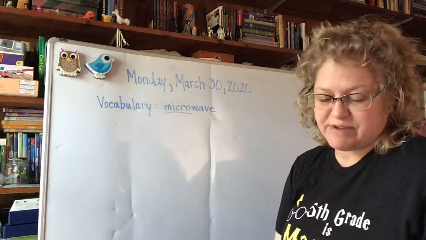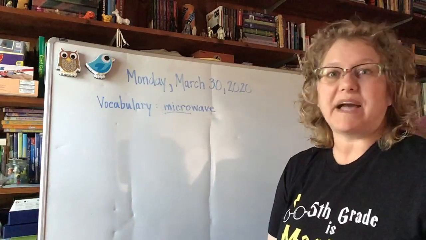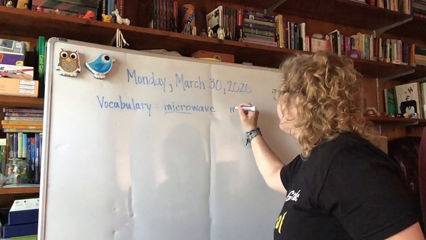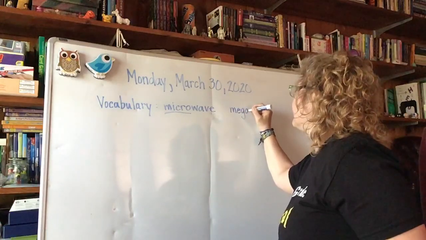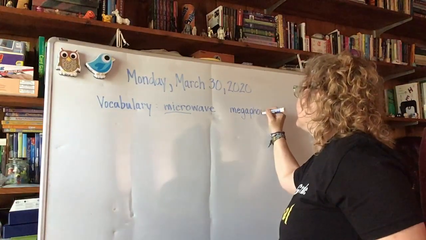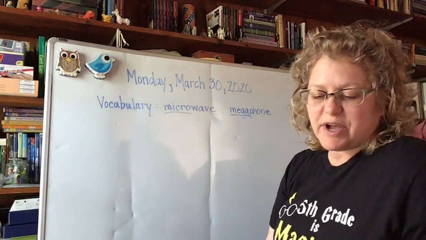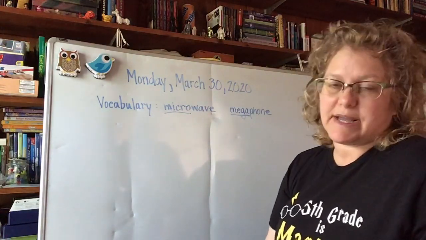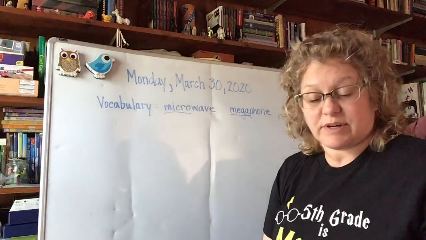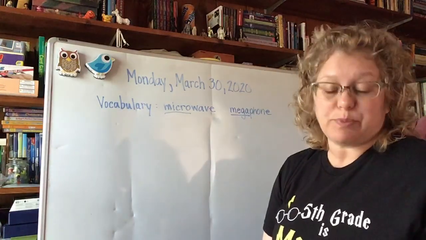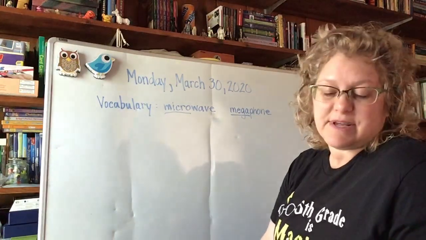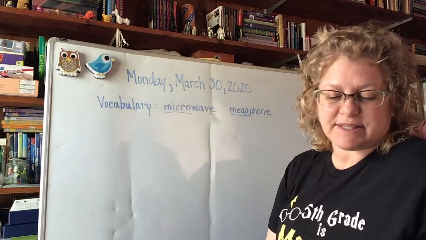Micro is the prefix. Same thing with megaphone. Mega was our prefix. We also had supermarket. So you can guess, of course, that the prefix was again super, and then hyperactive. So hyper being the prefix.